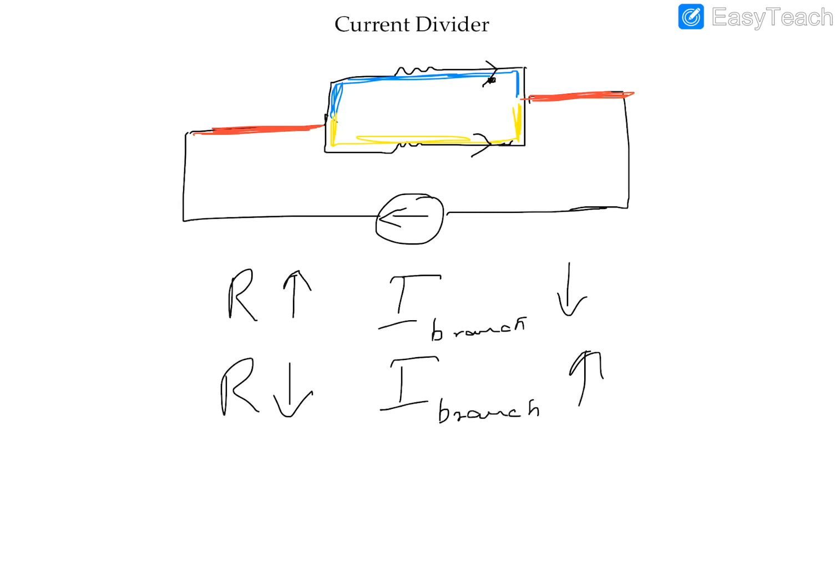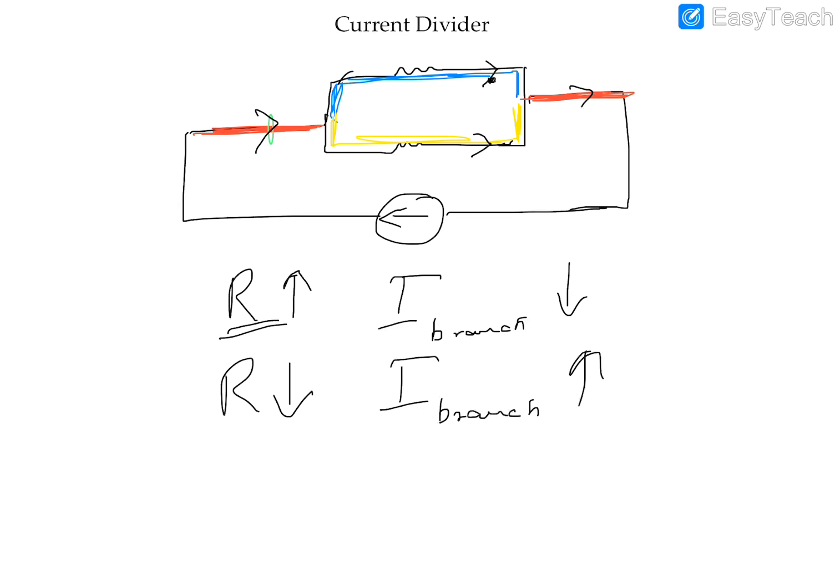You can think of it kind of like traffic. If you're on the road, you can think of this as the highway, and then you've got two ways that you can take to get back on the highway. And you can think of traffic as resistance.